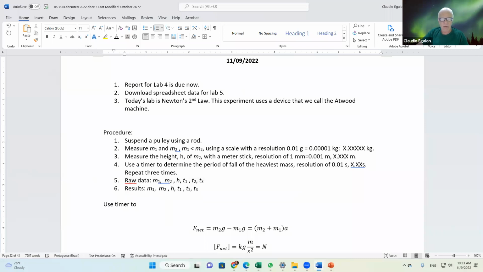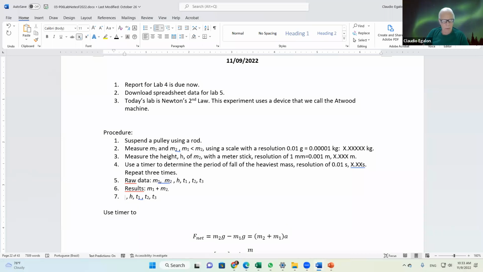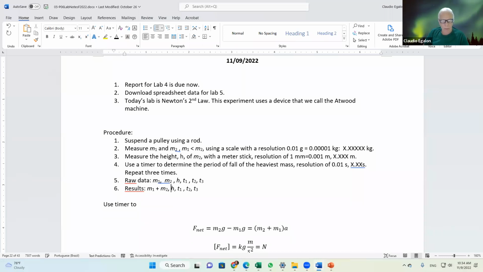Results. The first result that we see in our table is M1 plus M2. The next result that we see in our tables is going to be the average.